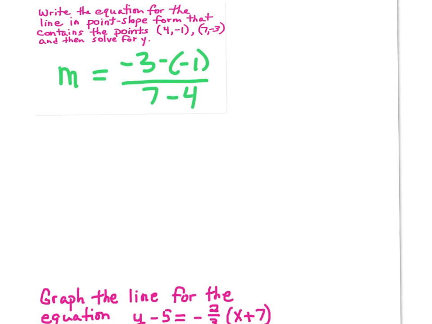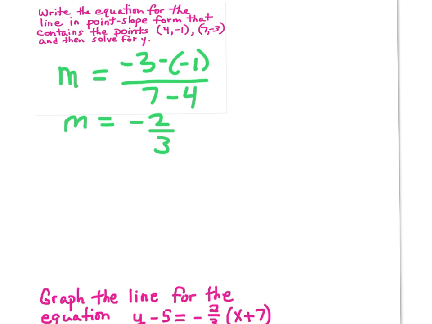I have to find my slope first, and then I can pick either point and put it in point slope form, not both. So negative 3 plus 1 is negative 2 over 3. So that's my slope.